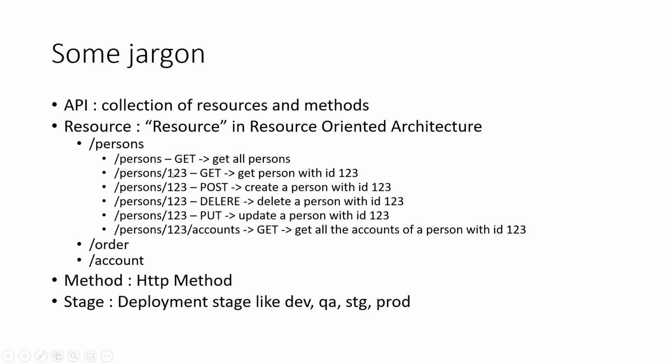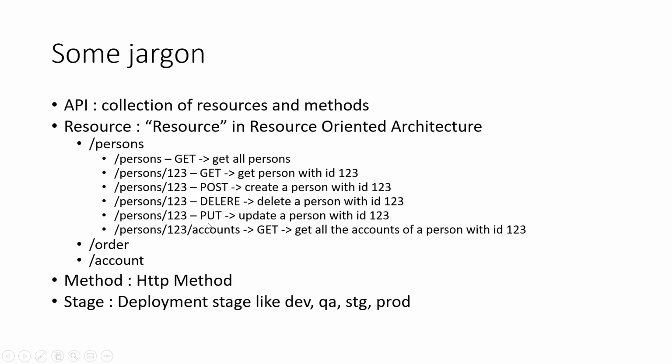If you make an HTTP GET call on this URL, you will get a person. If you make an HTTP POST on the same URL, you create a person. If you do an HTTP DELETE on the same URL, you're deleting a customer.